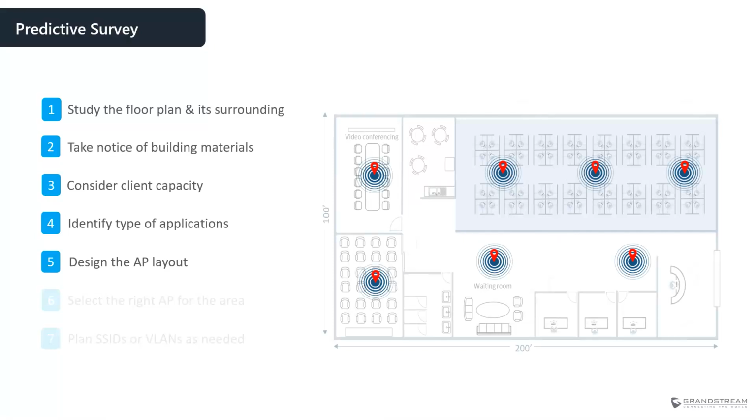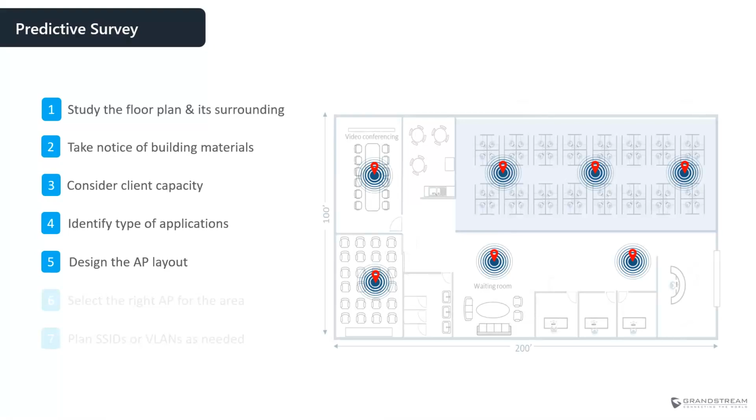So after you determine the variables that we have explained so far, then you can design the AP layout. Of course, you want to cover the entire surveyed area with a strong signal. And the floor plan and the collected information can form the basis for determining the optimal coverage and bandwidth needed based on the number and type of wireless clients.